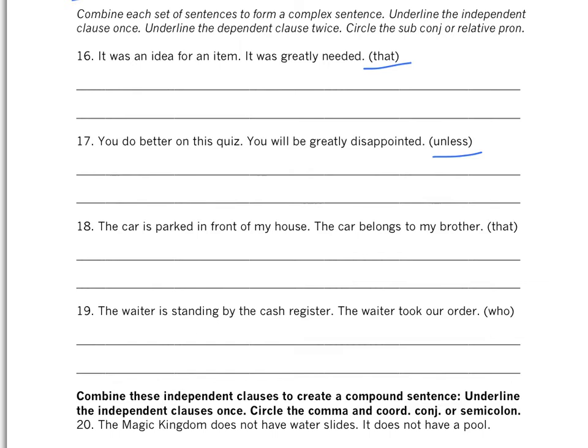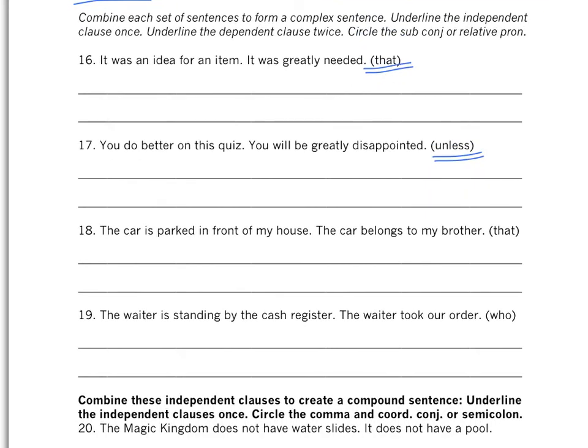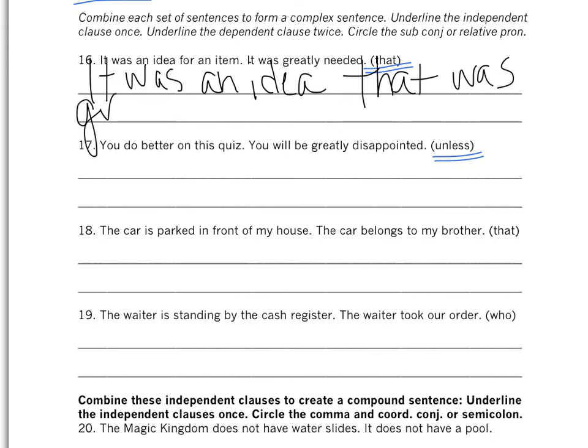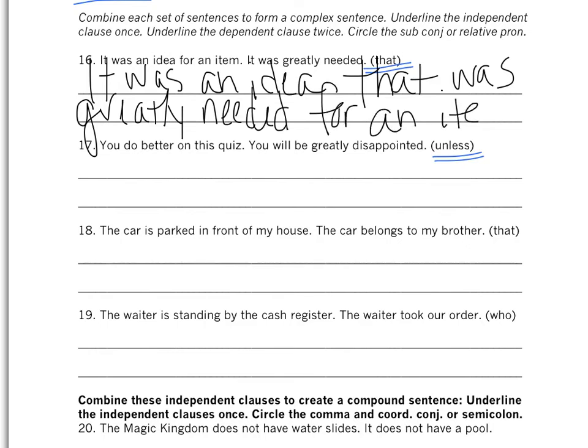Sorry, this thing keeps cutting out on me. Let's try this again. So for number 16, it would read, it was an idea that was greatly needed for an item.